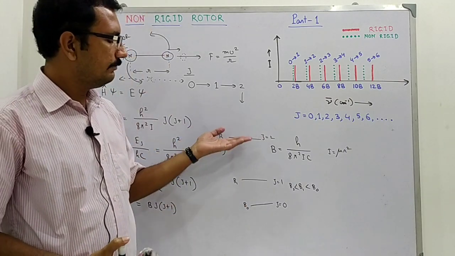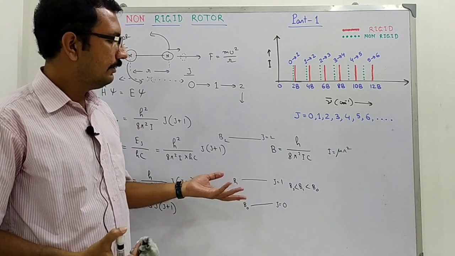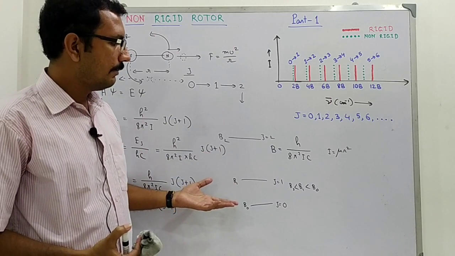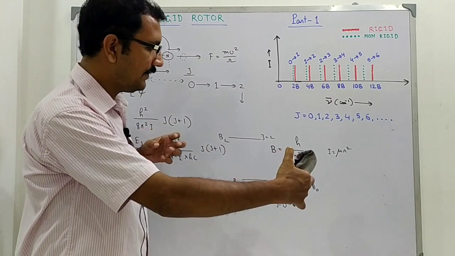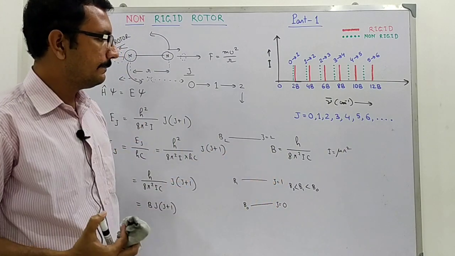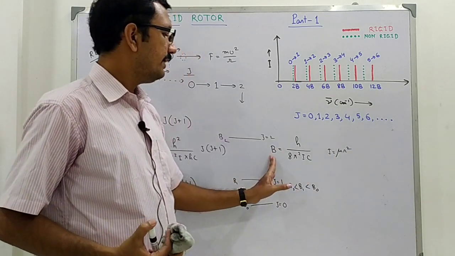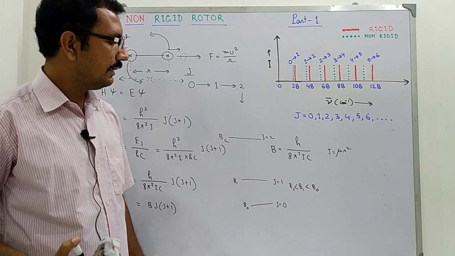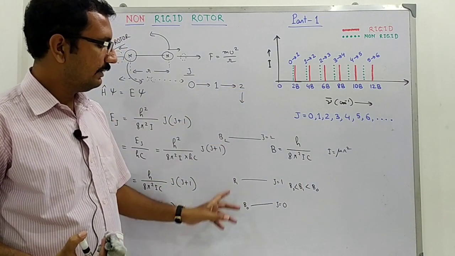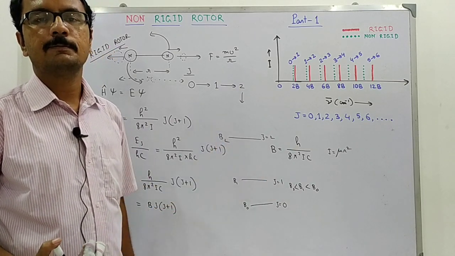As J increases, the molecule is moving more rapidly and the centrifugal force is getting more and more. So, the atoms move further apart, the internuclear distance increases accordingly, the moment of inertia increases accordingly, and since B is inversely proportional to the moment of inertia, as we go up we get a fall in the rotational constant value.